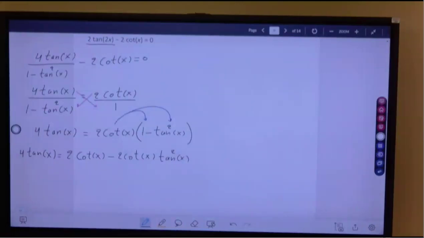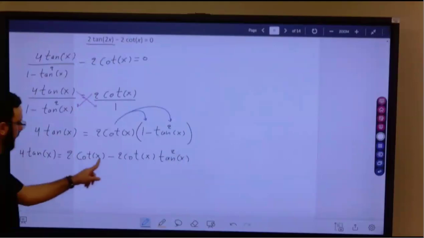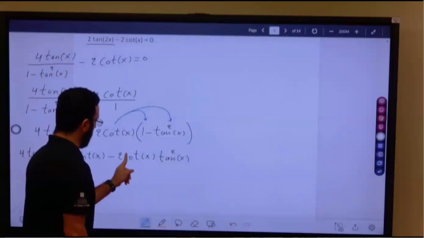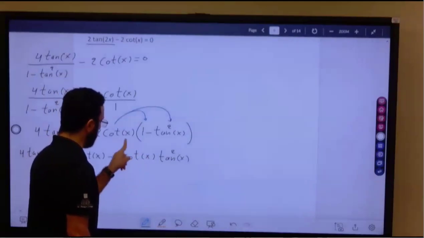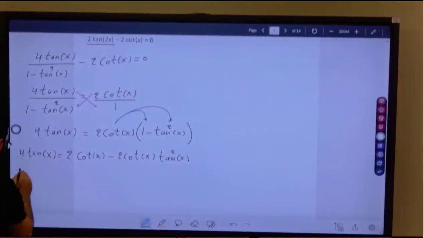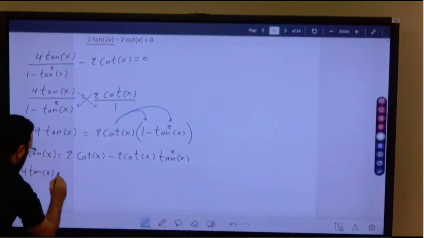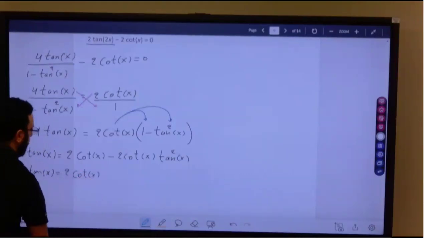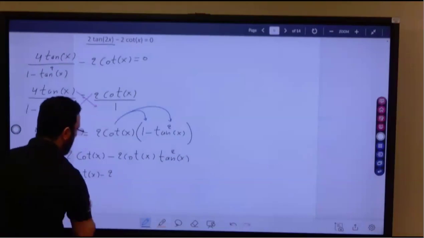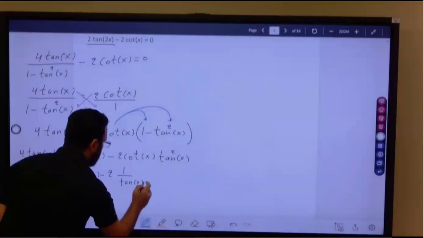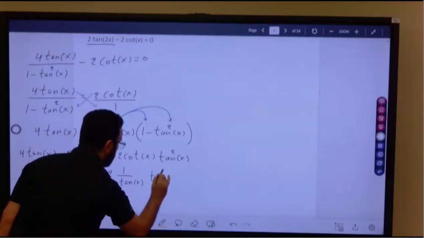We already know the cotangent is 1 over tangent, which is the reciprocal of tangent. So I'm going to convert the cotangent to 1 over tangent to simplify this part and keep the rest exactly the same. So 4 tangent x equal 2 cotangent x minus, here's 2, the cotangent is 1 over tangent x, and here's tangent squared x.